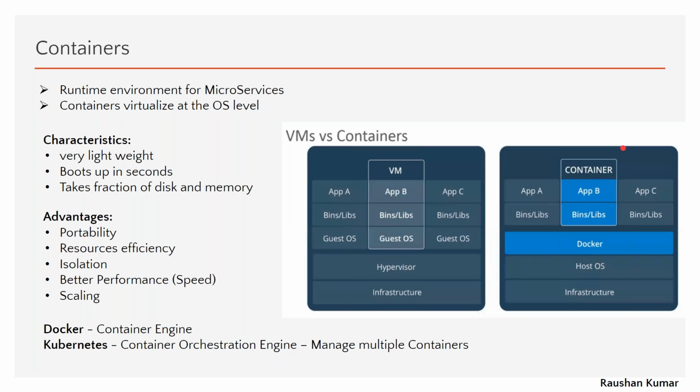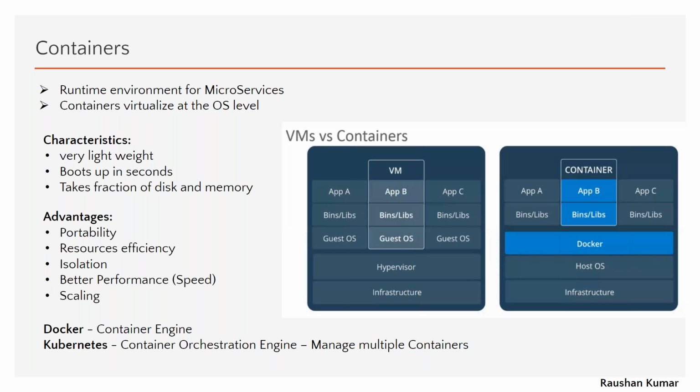Kubernetes is a container orchestration engine. When I have multiple containers, Docker is there to create containers, and Kubernetes is there to manage the containers. That's the basic difference. Take the auto scaling part I mentioned.